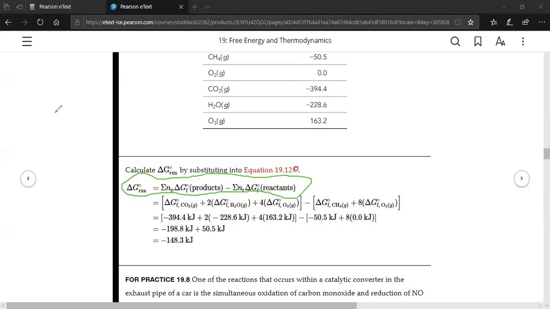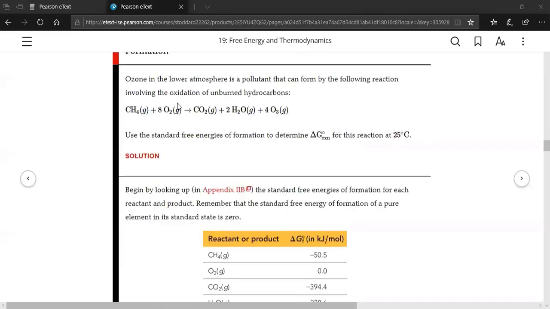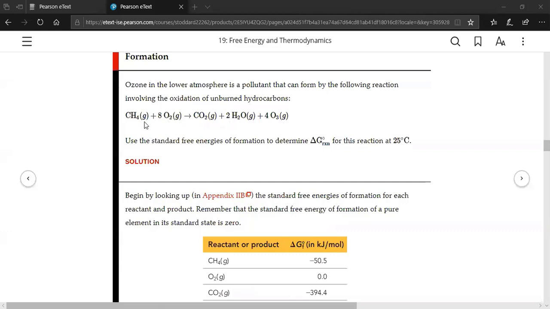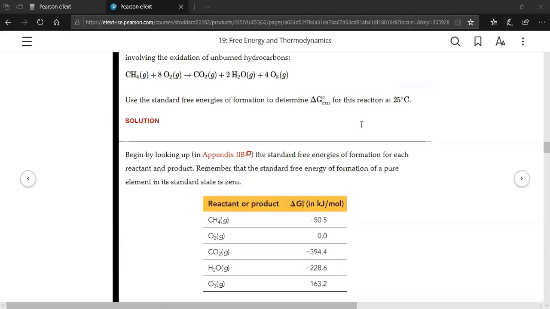You're really only calculating the delta G when both reactants and products are 1 molar concentration or 1 atmosphere pressure. So if you go back up to the chemical equation now, these are all gases anyway, so it means that each one of these gases is at a partial pressure of 1 atmosphere. So it's a pretty restrictive number that you're calculating.